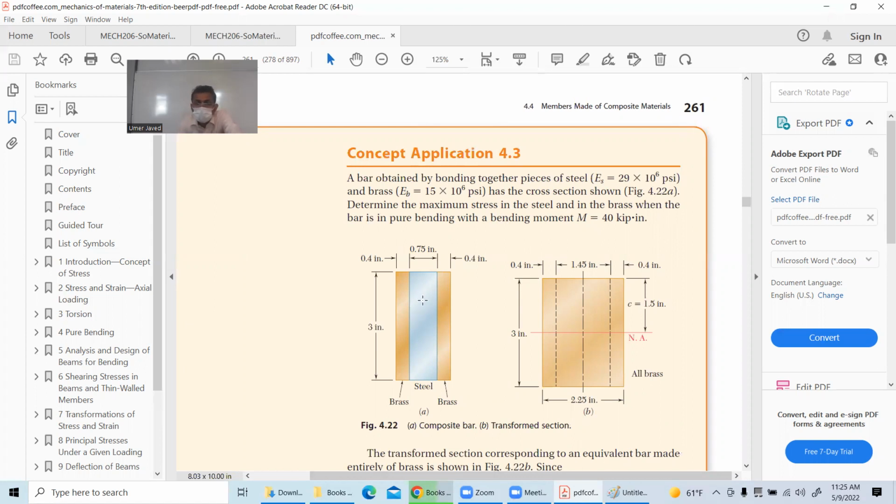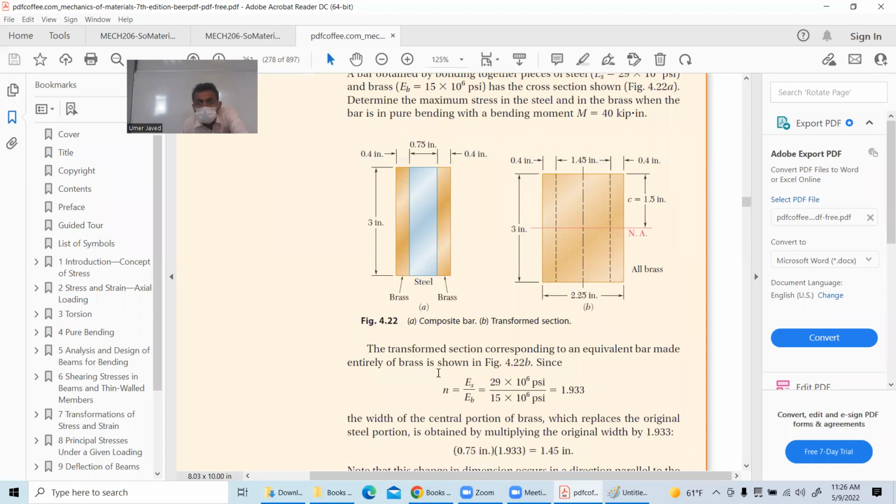You can see that they removed the steel. If you remove the steel, you need to fill lots and lots of brass, I suppose. And after doing that, they are trying to find the neutral axis, which is pretty easy, right? It's just a rectangle. And after finding the centroidal line, that is the neutral axis, you can see the n. It is the elastic modulus of steel divided by that of brass.